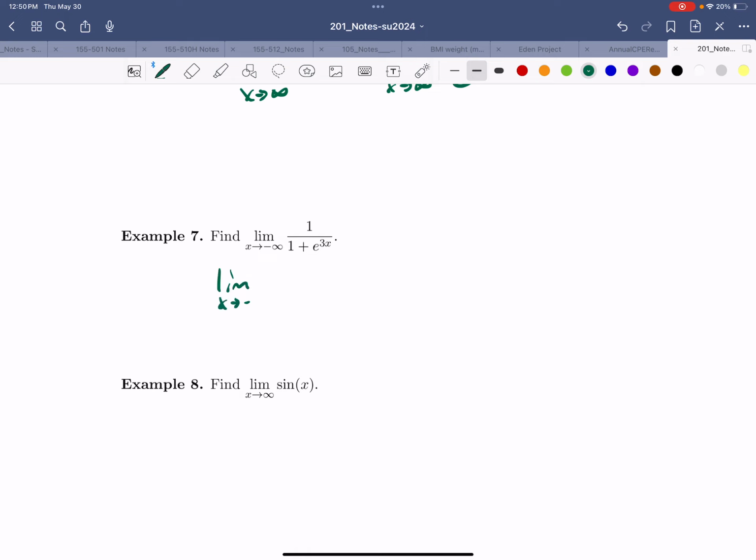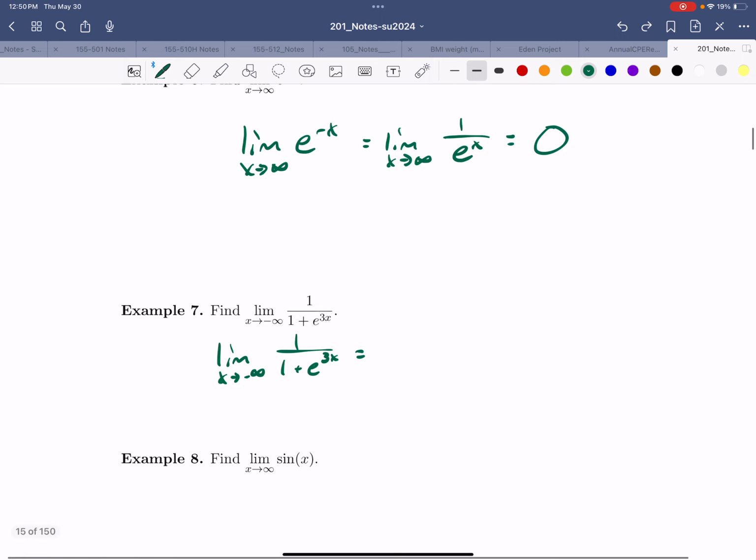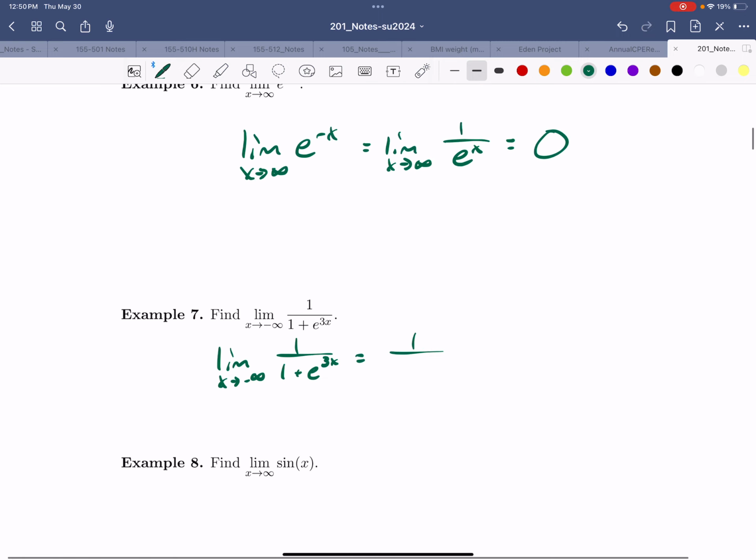Because x is approaching negative infinity, weird things can happen with negative exponents, as we saw. Well, this is going to be a large negative number, and we just showed that that's going to give us 0. So that's our answer.